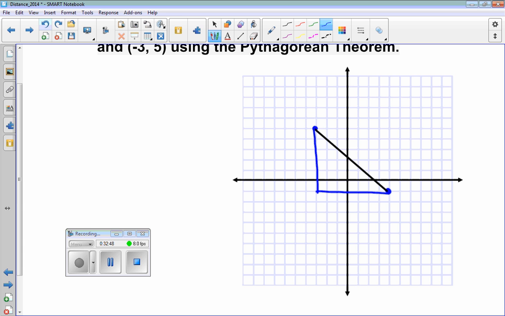We're trying to find this distance, right? So we know that c squared is equal to... Whenever I'm trying to find the length of an exactly vertical line or an exactly horizontal line, I can just count it. Isn't that nice?